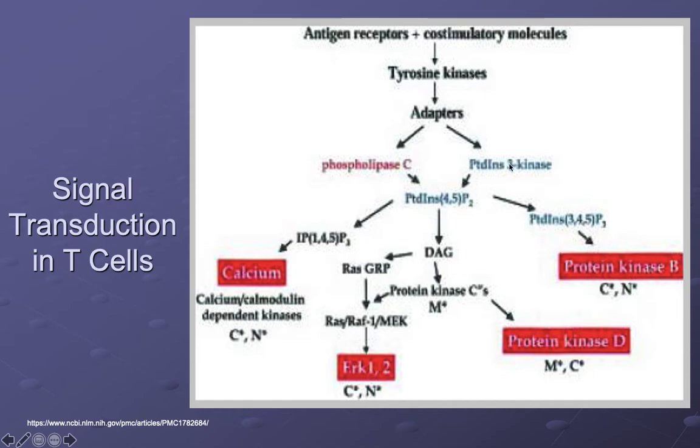On the other hand, PI3K will process this substrate in order to produce phosphatidyl inositol trisphosphate, so the addition of a phosphate group.